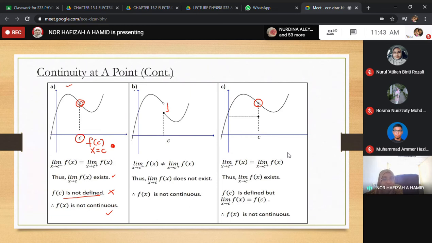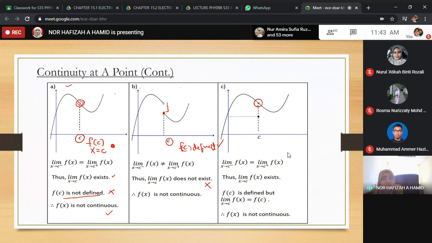Okay, tapi sebab the condition 1 dah tak satisfy dah, so kita consider dia not continuous lah. So kalau B condition 1 dia you check for f(c). So f(c) kat sini, f(c) dia define, since you have dense circle kat sini. So condition 1 dia dah satisfy. Limit, so limit dia does not exist ya. So dia tak satisfy condition number 2.